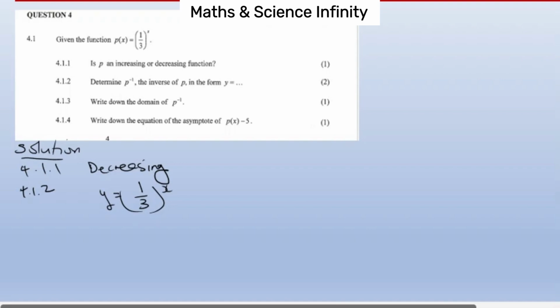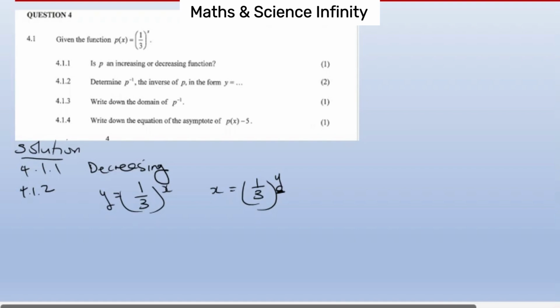Let's exchange the variables. We need more space. x is equal to 1 over 3 to the power y. This is our inverse. Now we need to make y the subject of the formula, because they say in the form y equals a function.